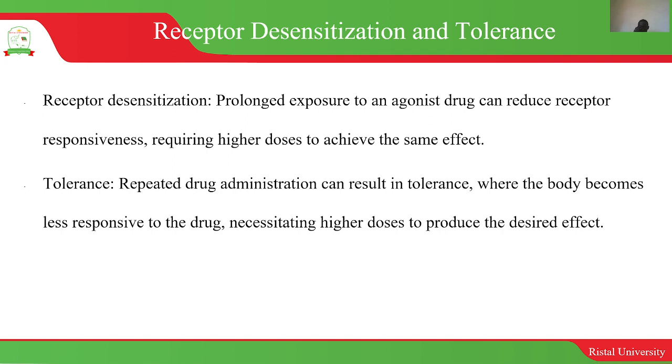The example is what we always see in the theater, when we are preparing someone for surgery and we give ketamine, of which we expect this person to be sedated in a few minutes so that we can start our theater work.